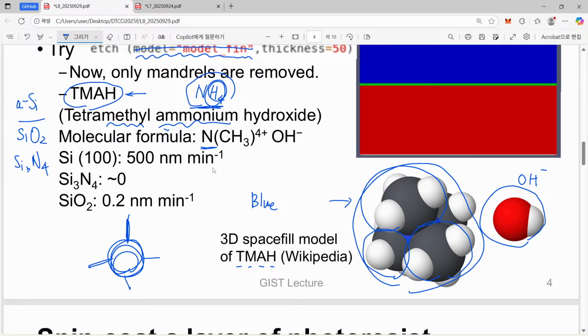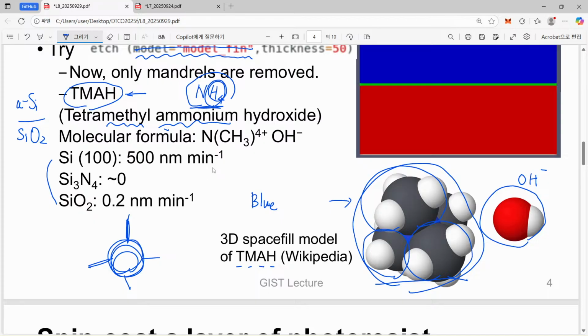Now we have this kind of chemical etchant, and when we insert it into our system, of course we have to provide a certain heat, a specific temperature is required. In this case, it is known that it has different etch rates for different materials.